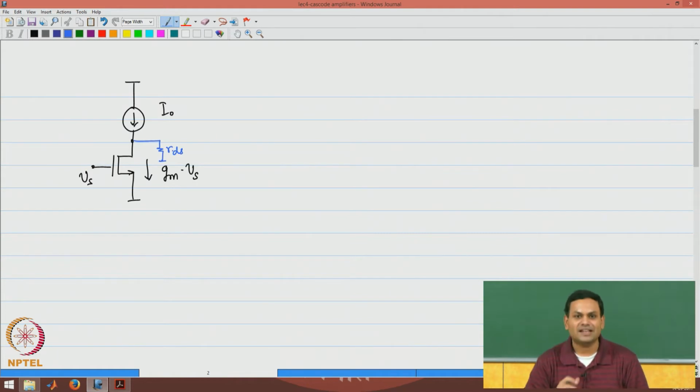So, the total impedance at the output node is simply RDS, and therefore this generates a voltage of minus Gm RDS times Vs at the output node.